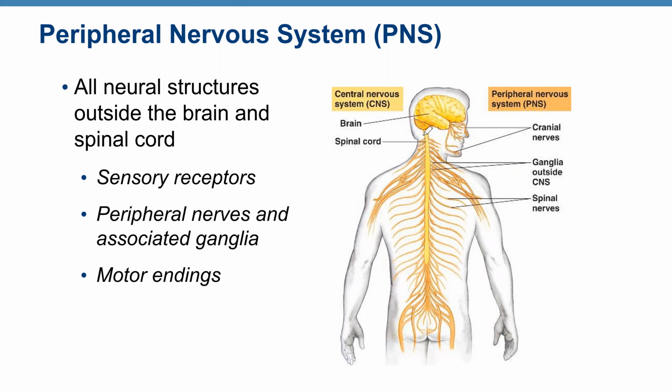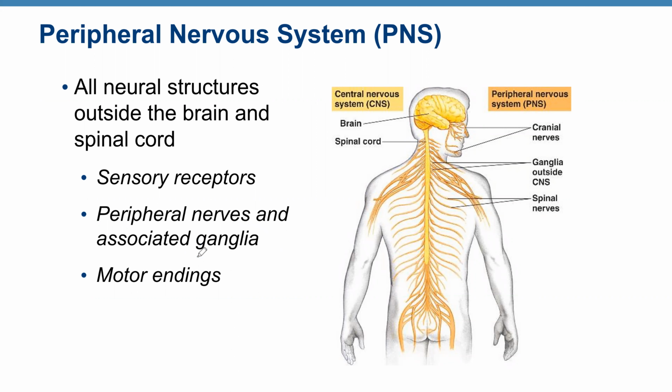Those are cranial nerves, spinal nerves, and if you look at these little bubbles over here, this is called ganglia. Now, ganglia is an association of neuronal cell bodies.